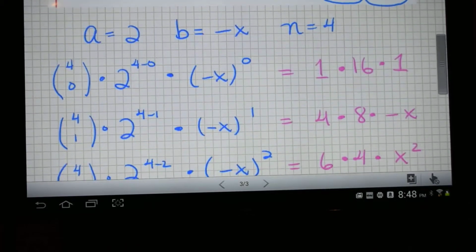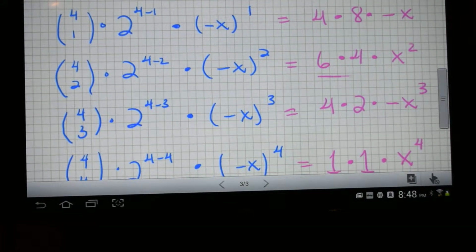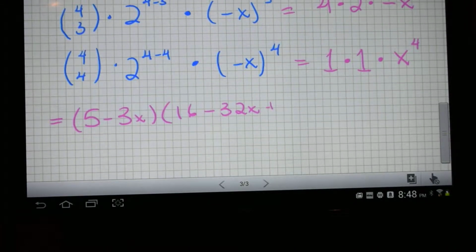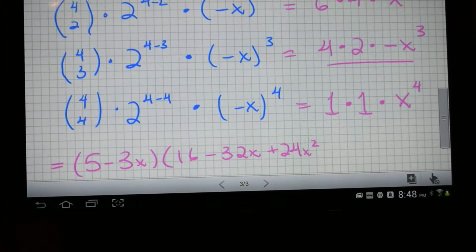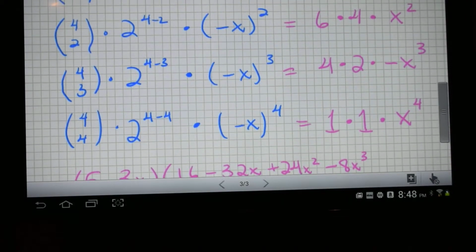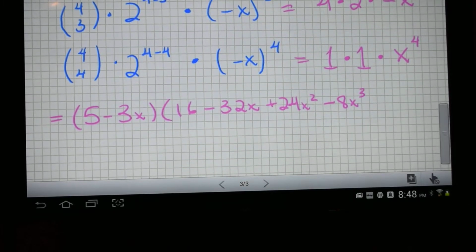The next term is 24x squared. And then negative 8x to the third power. And then just x to the fourth. You're going to separate all those terms by plus and minus signs. If they're positive, a plus sign. If it's negative, a minus sign.